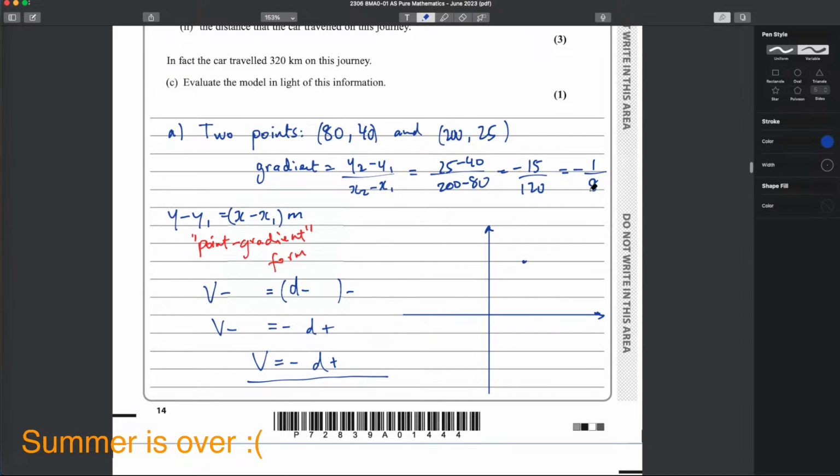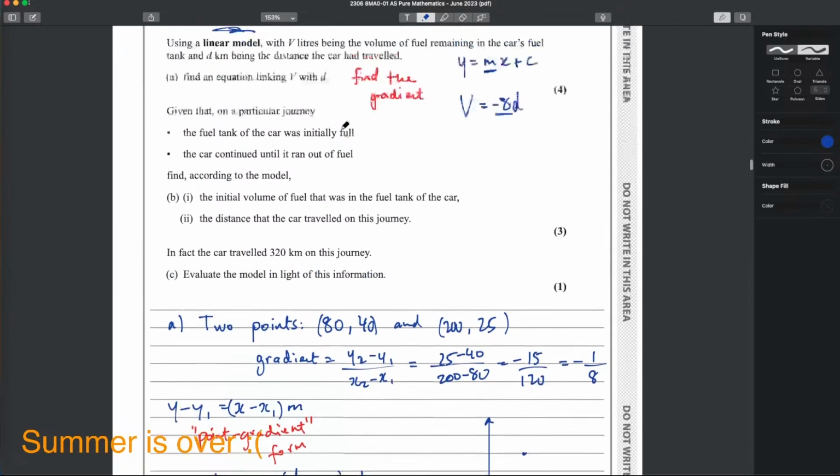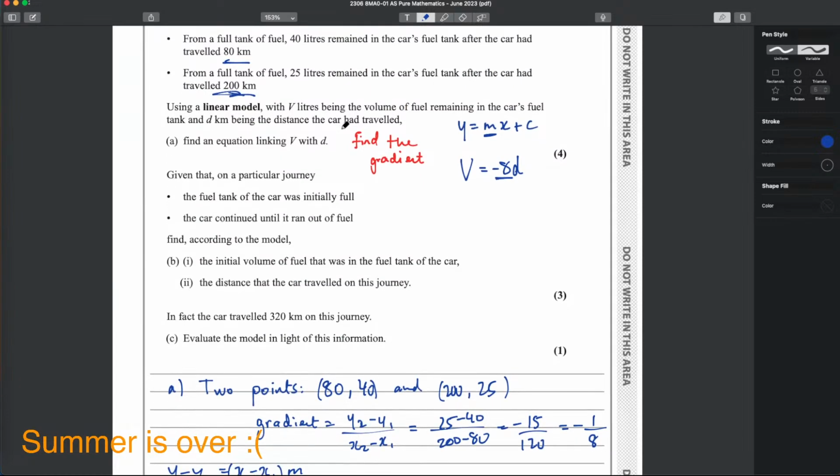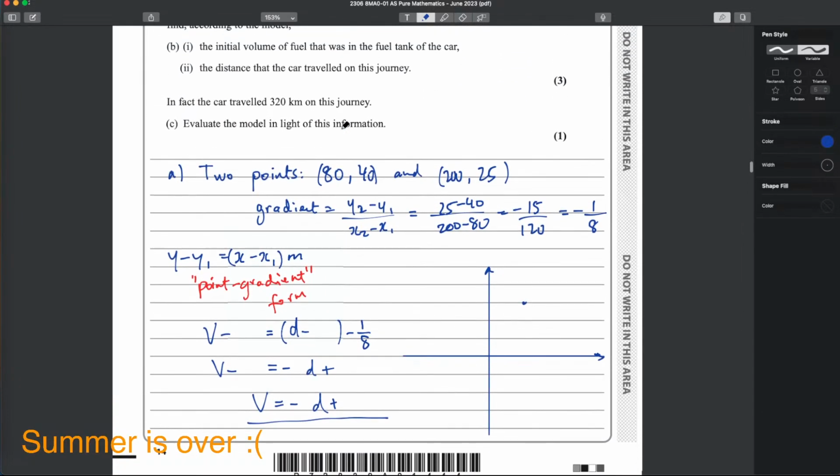Okay, so I'm getting a gradient now of negative 1/8. Is that okay? Is everyone still with me? So y1, let's do 80.